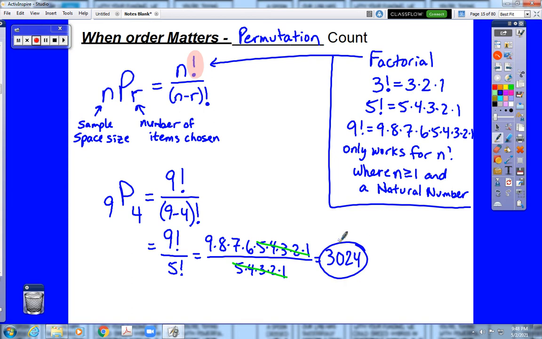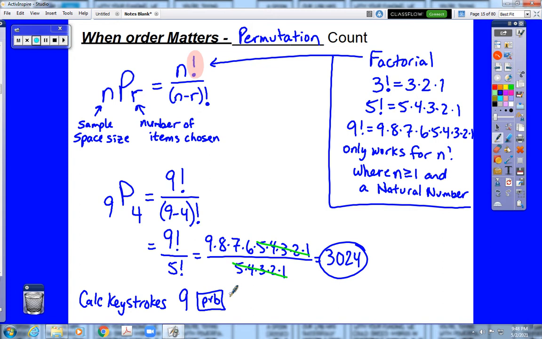Now, let's talk about how to have your calculator do that for you. So here are the calculator keystrokes down at the bottom. On your TI-30XS, we put in the n value, which is 9. Then we hit the PRB button. You'll notice that of the 3 options in the list, the first option is nPr, the second option looks similar, but instead of P it has C. Third option is factorial.